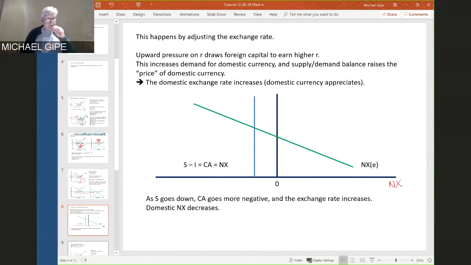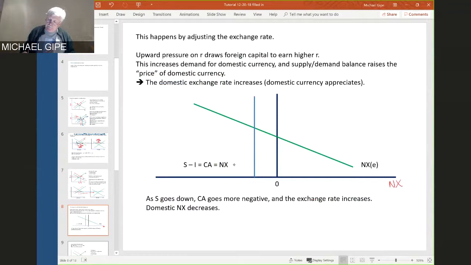Obviously, as the exchange rate changes, the value or the cost of products imported or exported will change. So if our domestic exchange rate increases, making our domestic currency more valuable, then foreign products will cost less. And so we'll tend to increase the imports and reduce our exports.